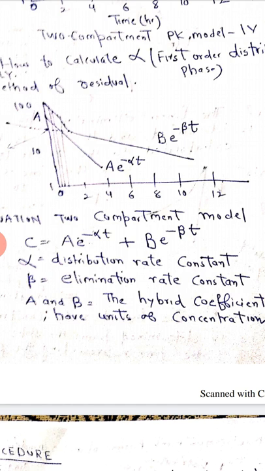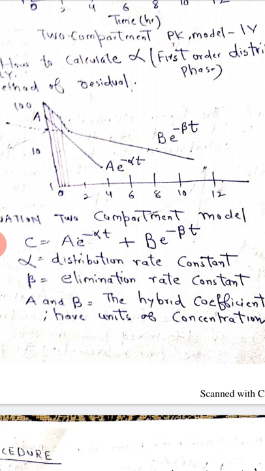In this equation, we can see the parameters Ae^(-alpha t) plus Be^(-beta t), where the first exponent Ae^(-alpha t) is known as the distribution exponent, and the second part of the equation, Be^(-beta t), is the elimination exponent, where alpha is the distribution rate constant and beta is the elimination rate constant. Beta tells us about the overall elimination rate constant of the drug in the body, and capital A and capital B are known as hybrid constants or hybrid coefficients.